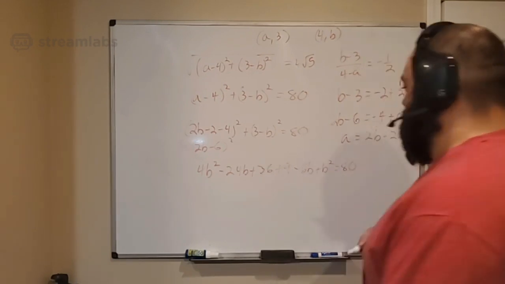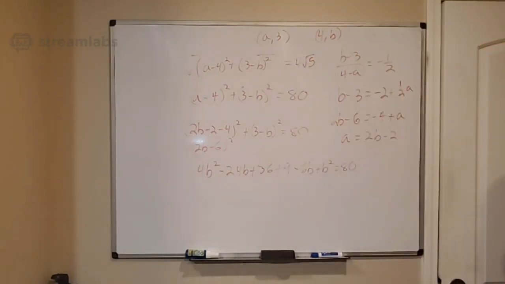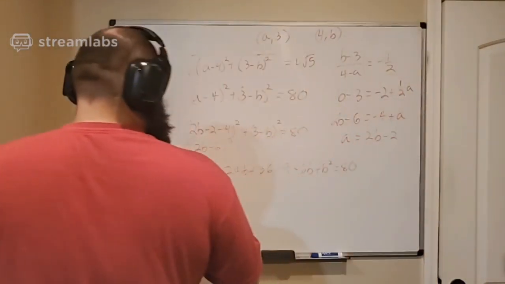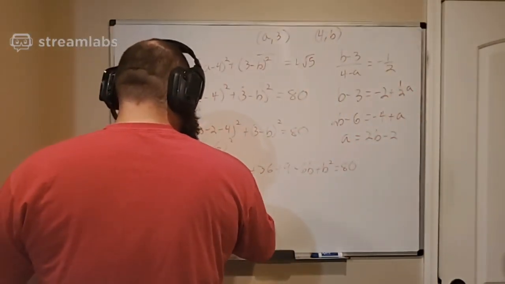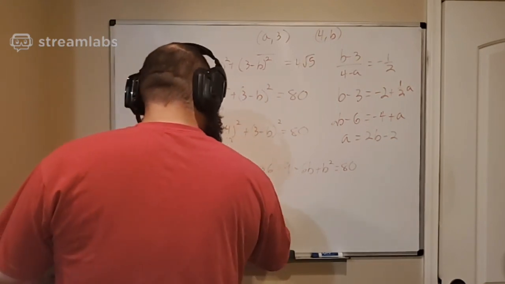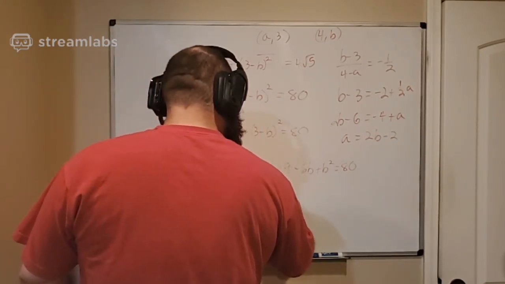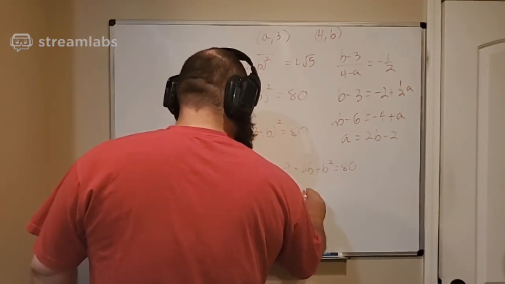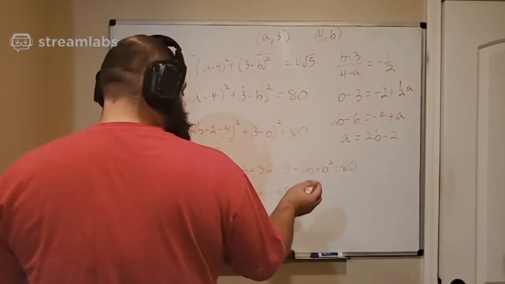Combine all your like terms and then either factor or use the quadratic formula, whichever works out. 5B squared minus 30B plus 45 equals 80. Subtract 80 on both sides. Was that 35? That's nice. Everything's divisible by 5.